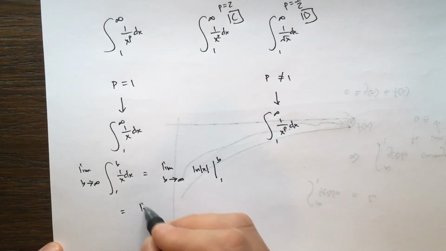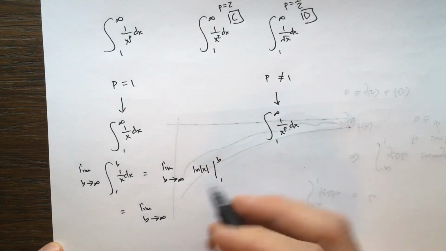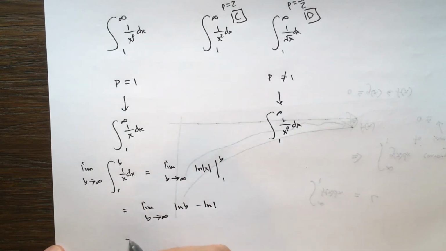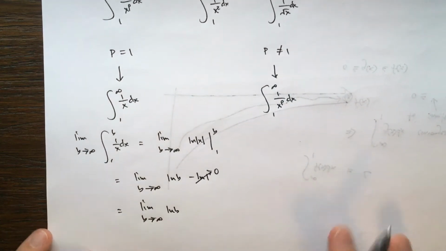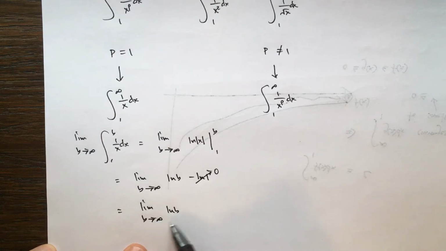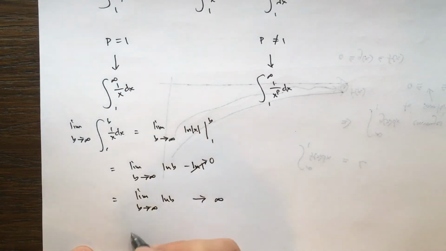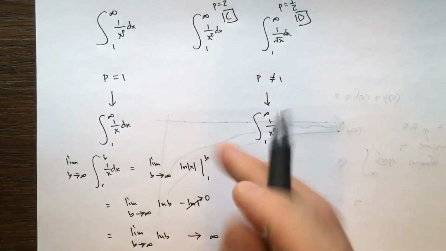Since b is approaching infinity, I can drop this absolute value sign and just say ln of b minus ln of 1, which is just the limit as b approaches infinity of ln of b, since ln of 1 is 0. And so now I just need to think, well, what happens to the natural log as the input approaches infinity? It also approaches infinity, more slowly, but it still approaches infinity, so this diverges. So we know for sure that for p equals 1, in other words, for 1 over x, it diverges.